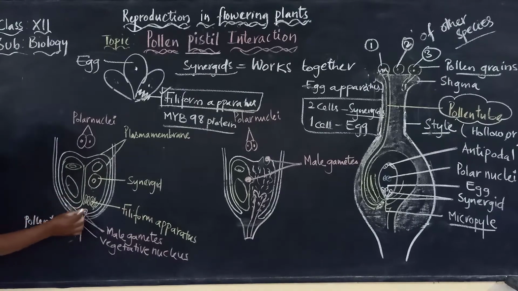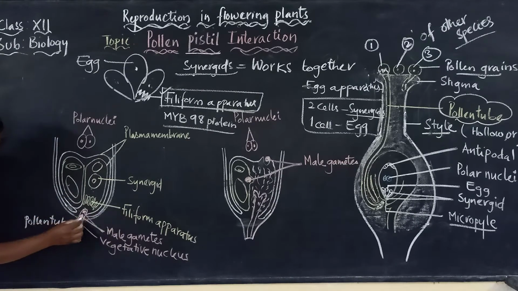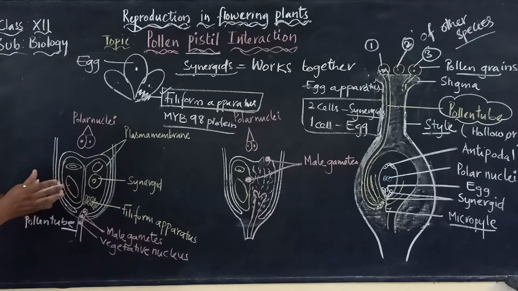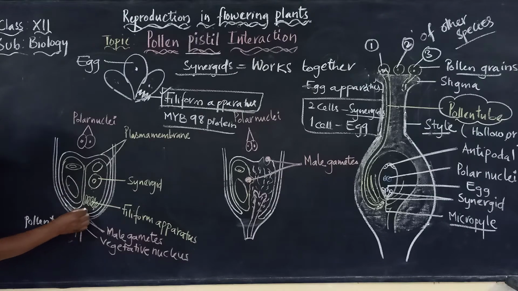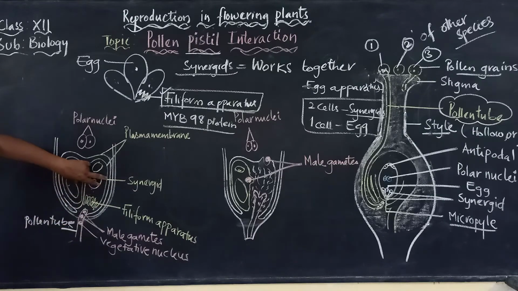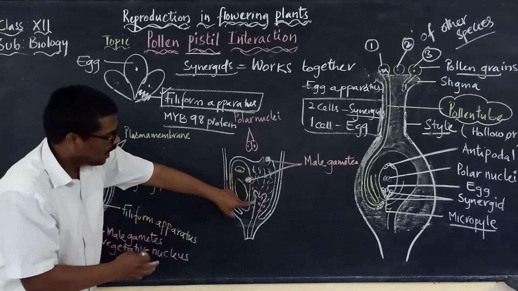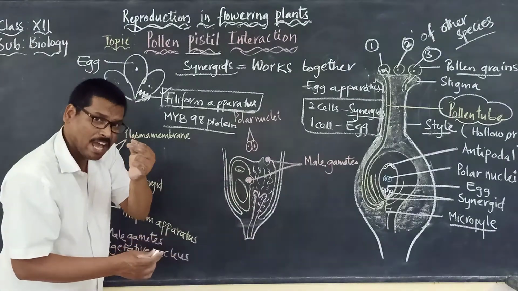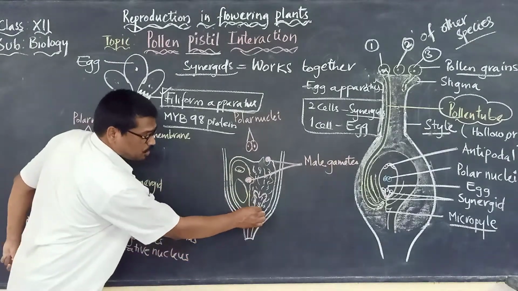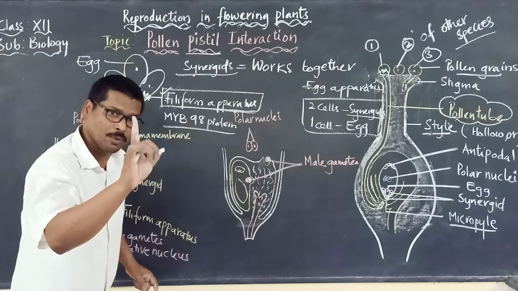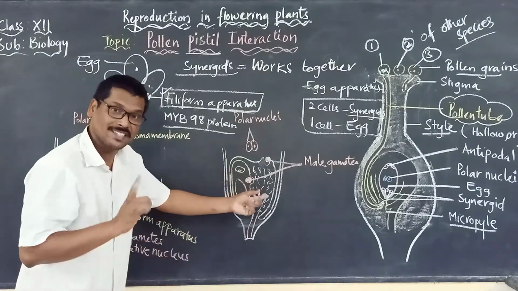Once the pollen tube reaches the synergids, attracted by the filiform apparatus, the pollen tube ruptures and releases the male gametes inside. The male gametes carried by the pollen tube are released into one of the synergids.